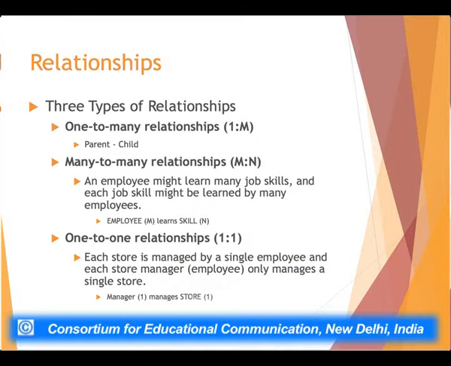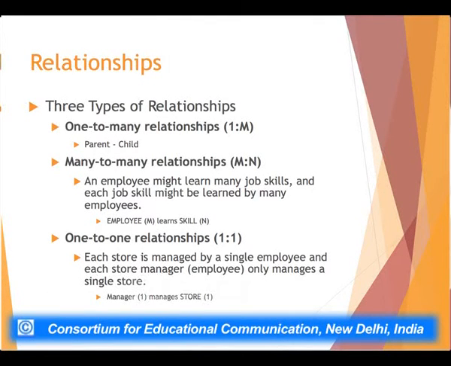For example, there is the one-to-many relationship where one record of the parent table is related to multiple records of the other table, but all the records of the other table are related to one single record of the parent table. This relationship can be easily understood with the example of the parent-child relationship.